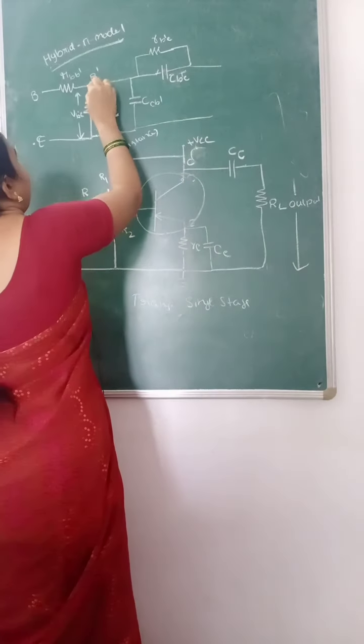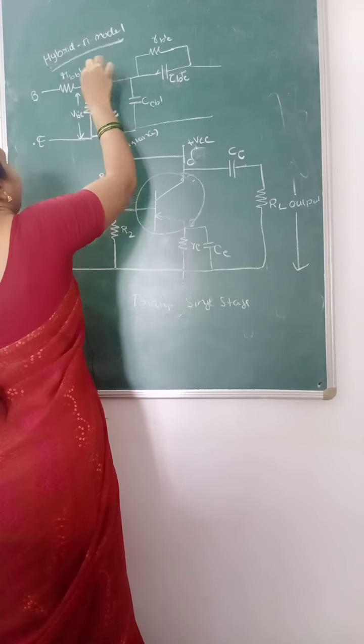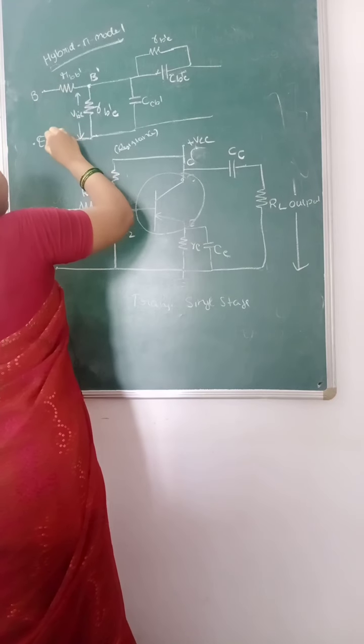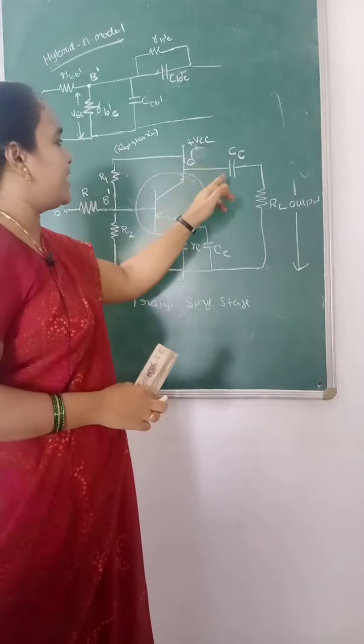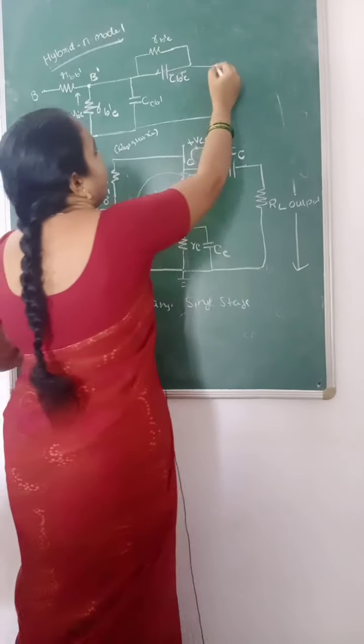So this is base B dash, base and emitter, and at the collector we will have another capacitance called CC.